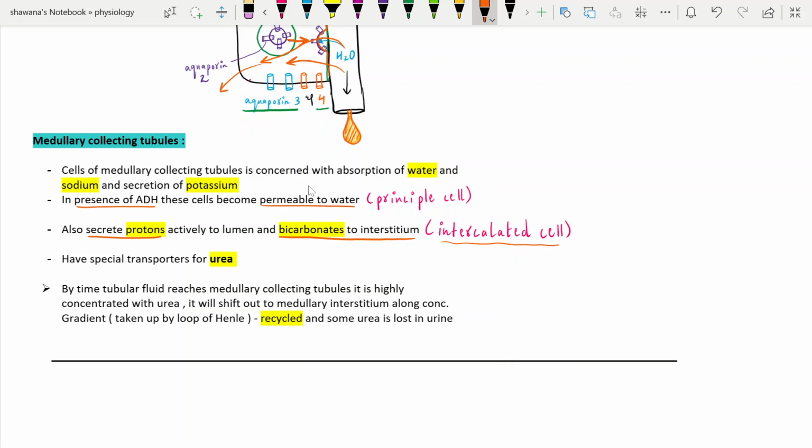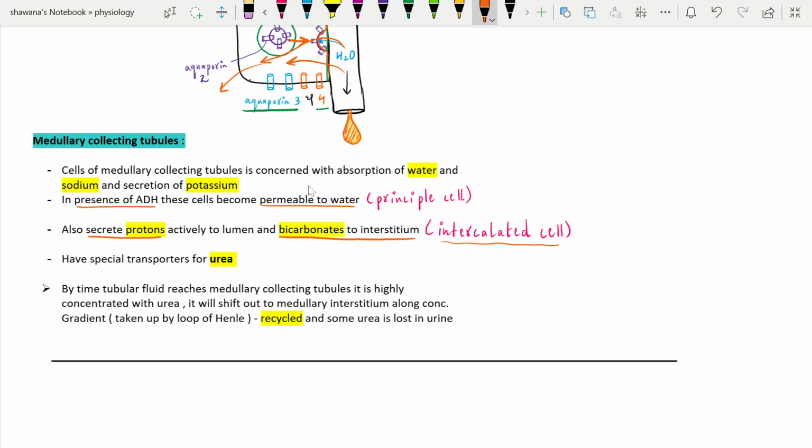Then comes the thick ascending limb, the early distal tubule, late distal tubule, the cortical collecting tubule, and finally the medullary collecting tubules. Some amount of urea is also reabsorbed in the proximal convoluted tubule, but this part of the nephron is highly impermeable to urea reabsorption. So, when the tubular fluid reaches the medullary collecting tubule, it is highly concentrated with urea.